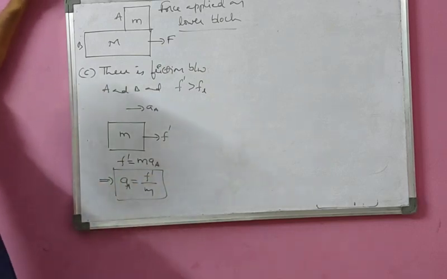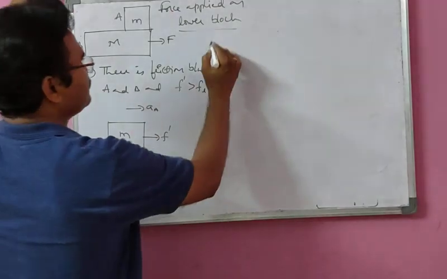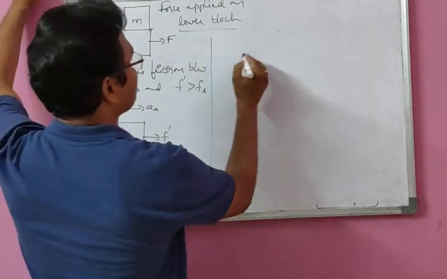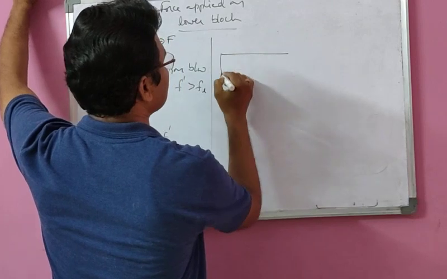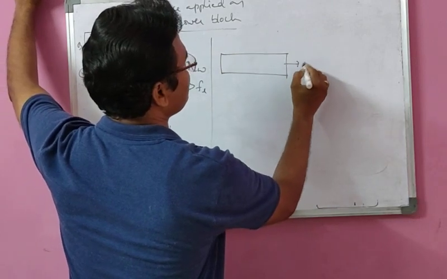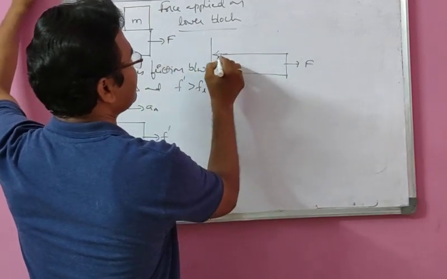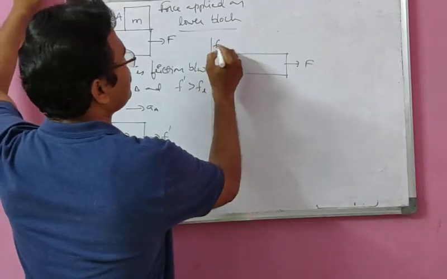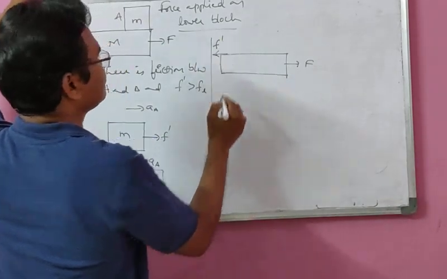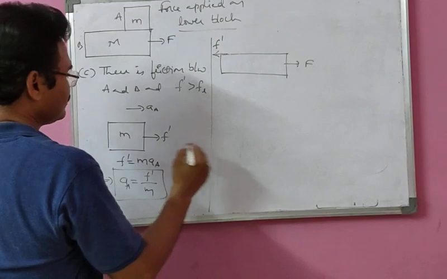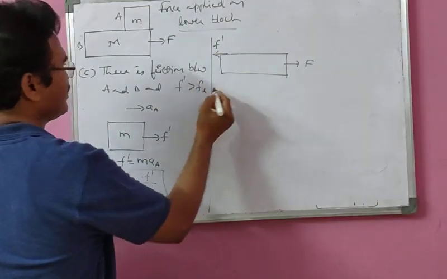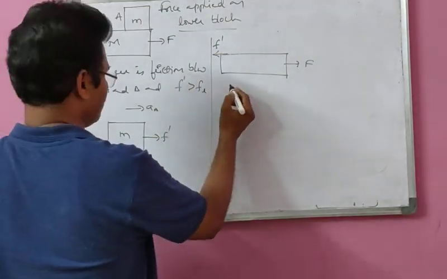And for the lower block, this is F and this is F dash. That is F dash, nothing but the limiting Fk comes into play here.